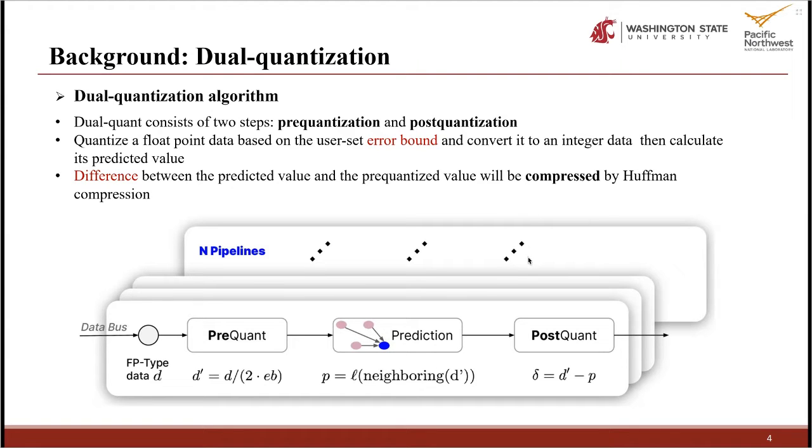After the pre-quantization, we can calculate its predicted value based on its neighboring values using the Lorenzo predictor. Then in the second step, called post-quantization, we compute the difference between the predicted value and the pre-quantized value. The difference will be compressed by Huffman coding.